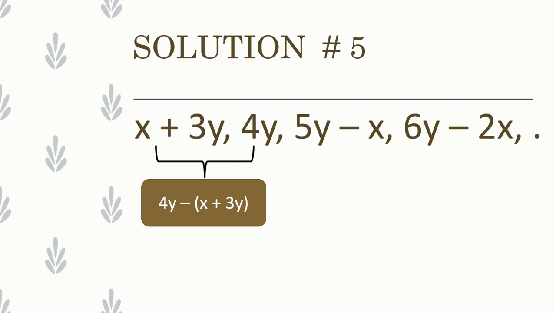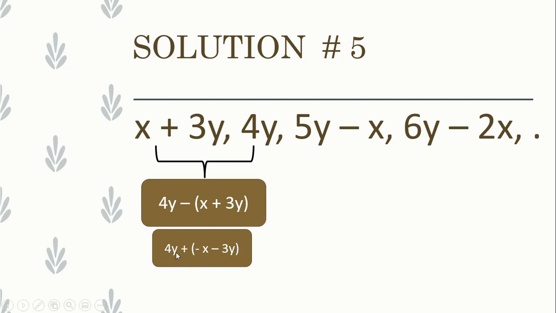Remember, subtraction is just the same as adding its negative. Therefore, when we subtract this subtrahend x plus 3y, we must take its opposite sign. So that will become 4y plus the opposite signs of this subtrahend, and that is negative x minus 3y.